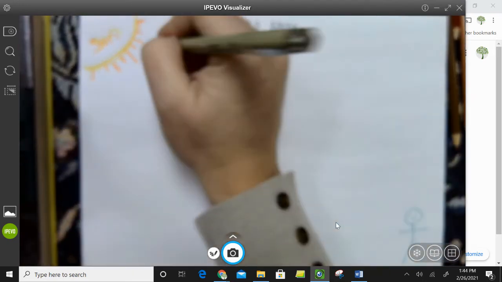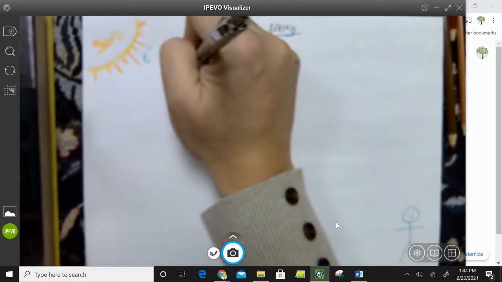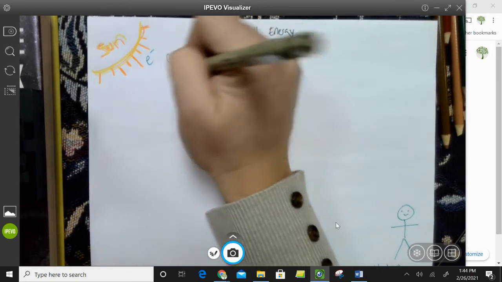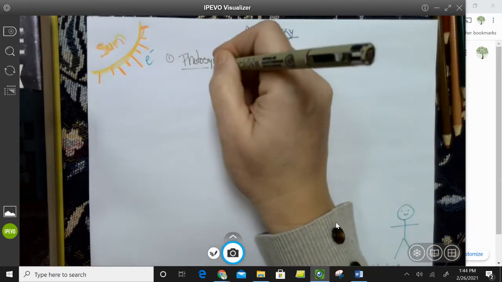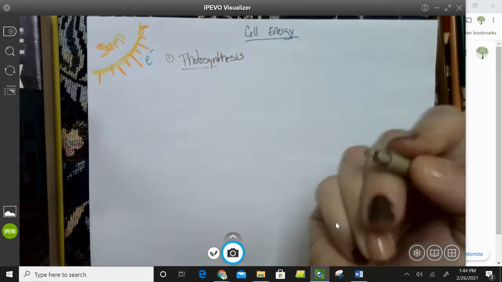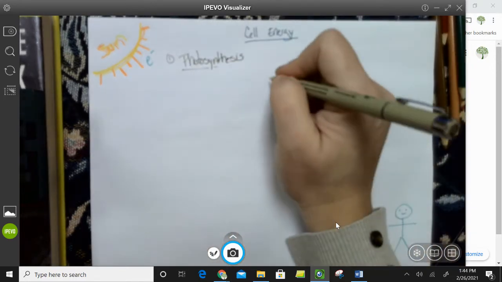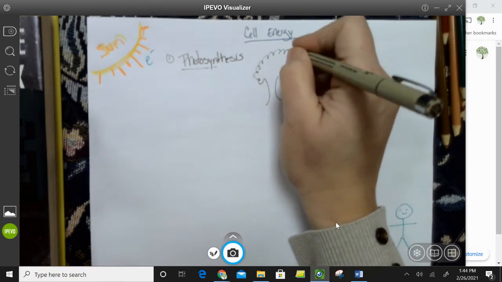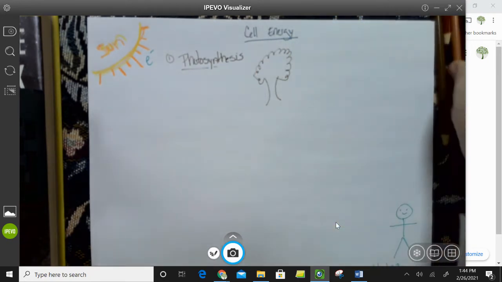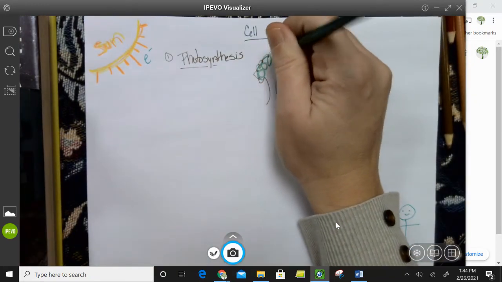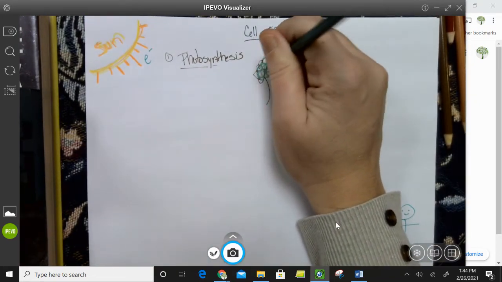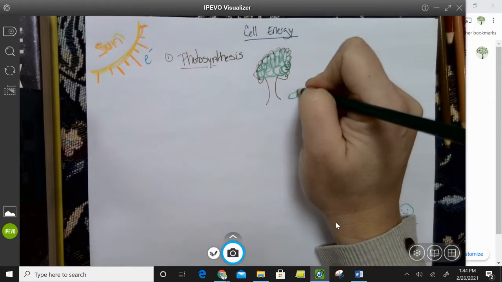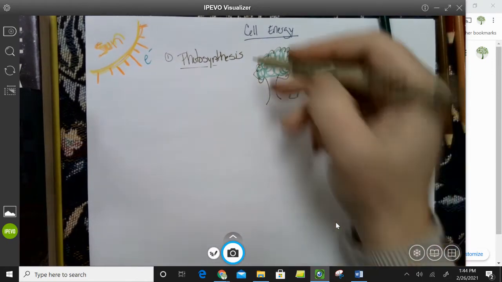So step one is photosynthesis. Photo means light, synthesis means to make. The first thing that we need for photosynthesis to take place is a photosynthetic organism. A photosynthetic organism can be a plant. It might also be a little phytoplankton.